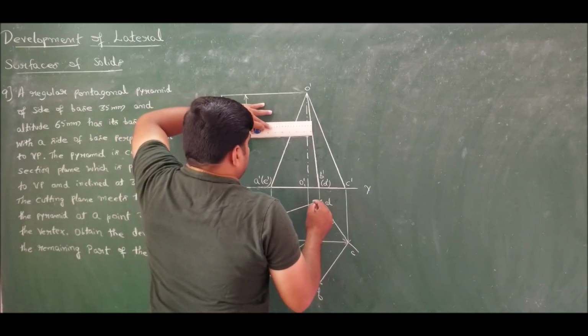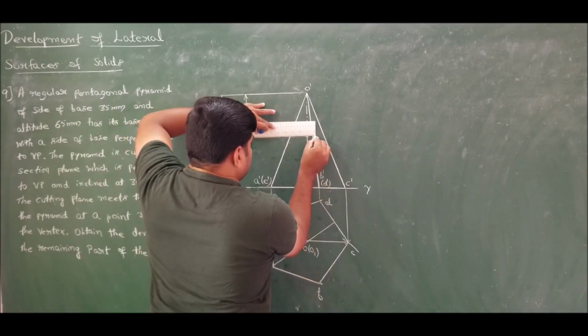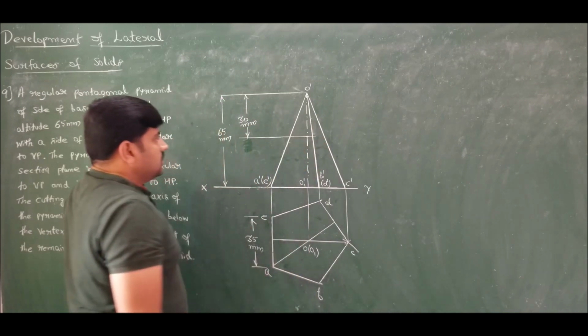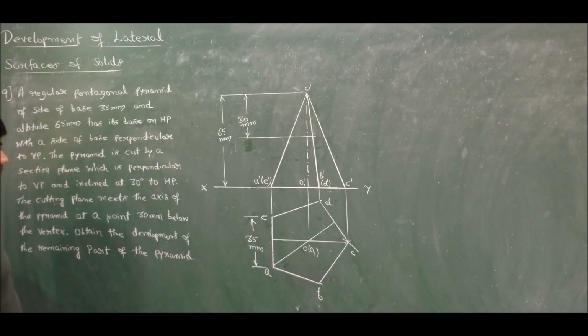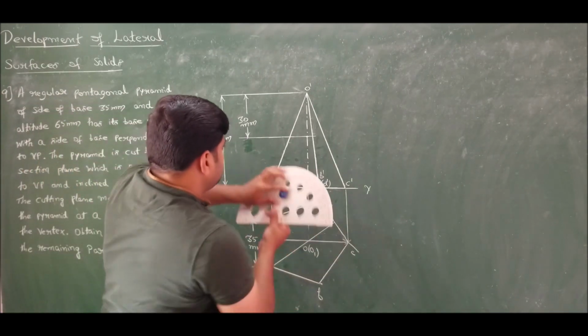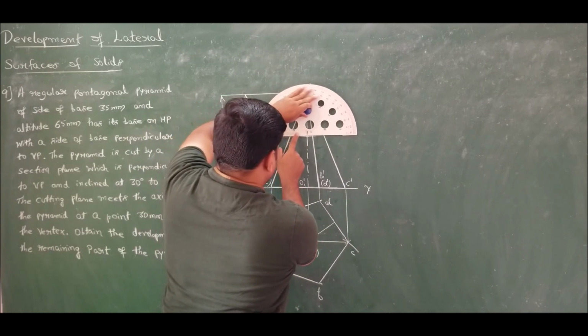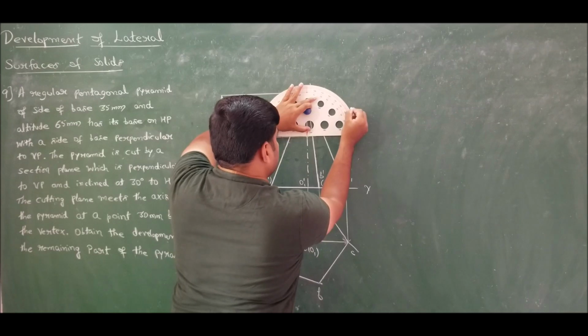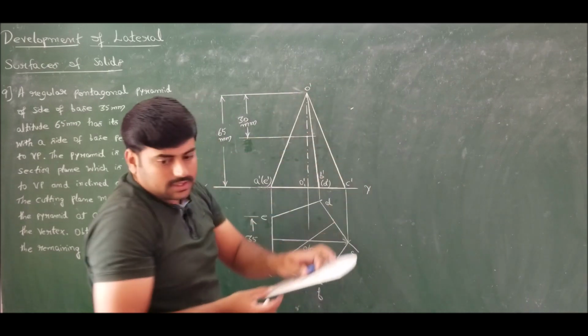Now at a distance of 30 on the axis, draw the reference where the cutting plane intersects the axis at an angle of 30 degrees to HP. Using a protractor, mark 30 degrees to the horizontal plane.